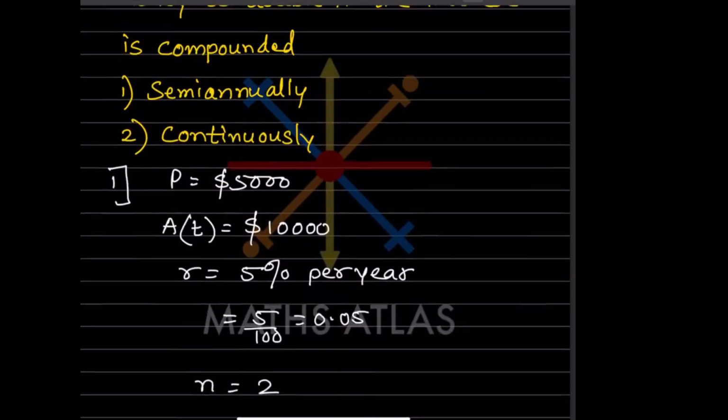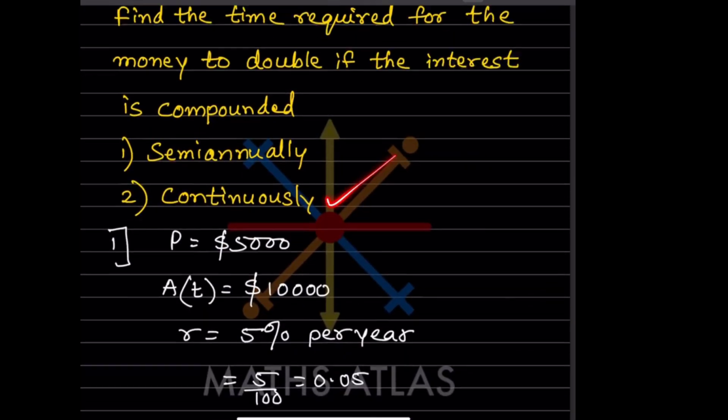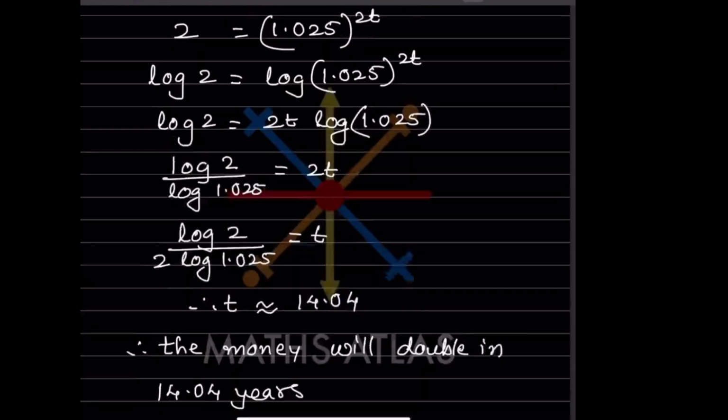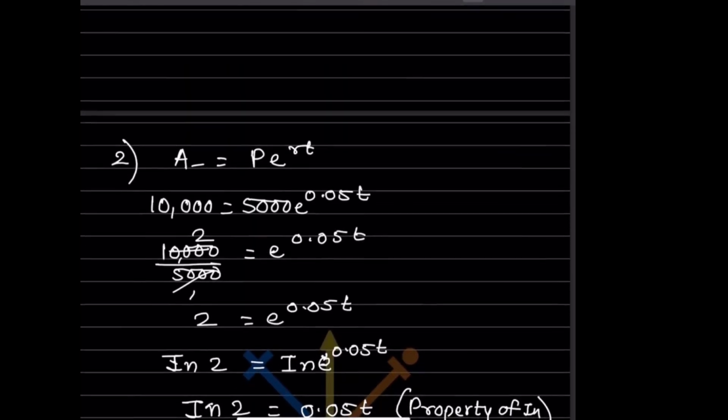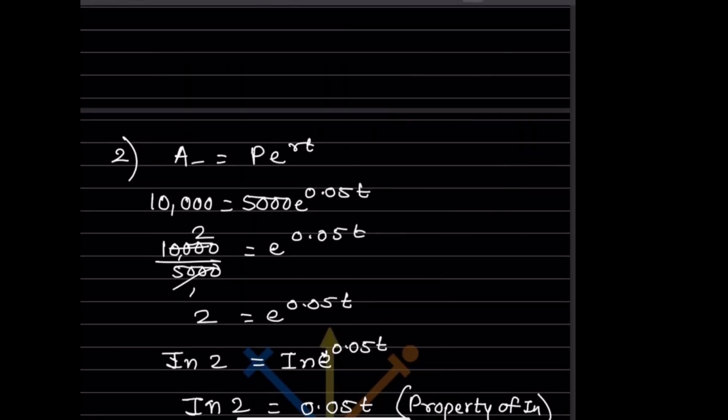And now we'll use the second one, that is for continuous compounding. So we have the formula for continuous compounding, that is A is equal to P into e raised to rt. This is the formula given. So now the amount is 10,000.